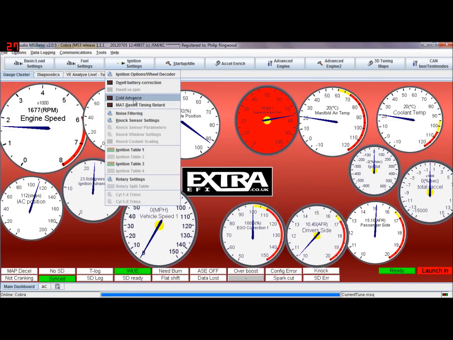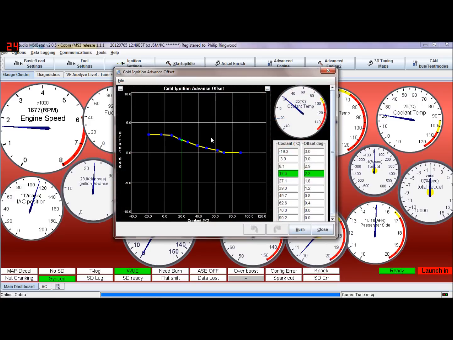You've also got cold advance. Now this is whilst the engine is colder, the coolant temperature will be colder. You can increase the advance over the entire spark map. This can help increase the engine temperature quickly, and also aid idle, because if you increase the advance of an engine, the engine speed increases.